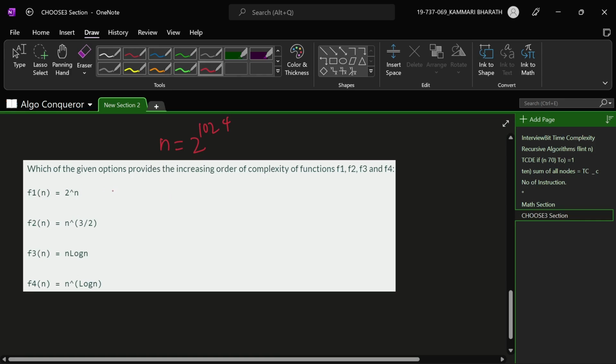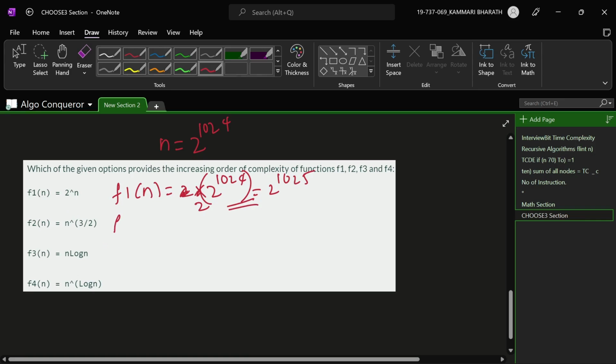And f1 becomes 2 into 2 power 1024, which is 2 power 1025. This is a very huge value.